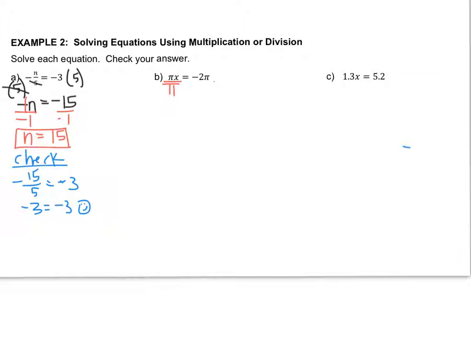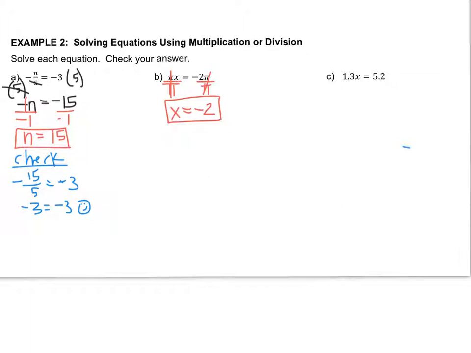So I'm going to divide both sides by pi, and so the pi's cancel out on the left, and I have x equals, and just like they canceled out on the left, the pi's actually cancel out on the right as well. I know, crazy. So all I have is just x equals negative 2. So even though that equation looked super freaky in the very beginning, all it is just x is negative 2.